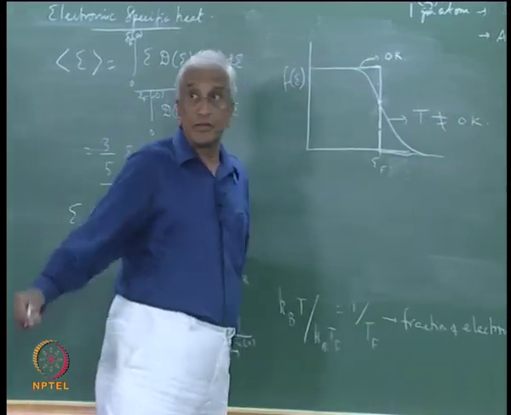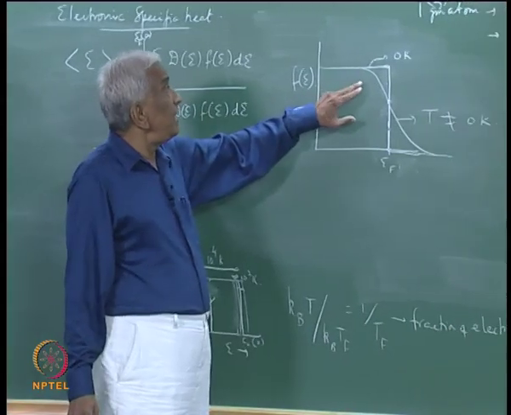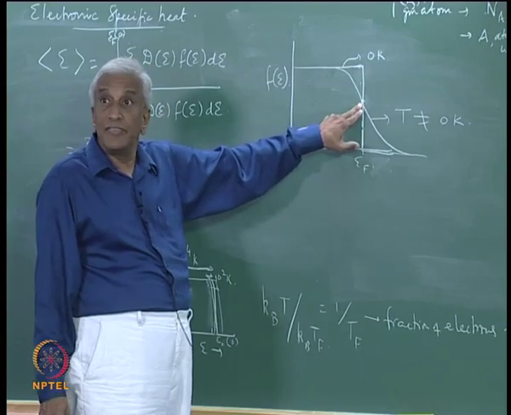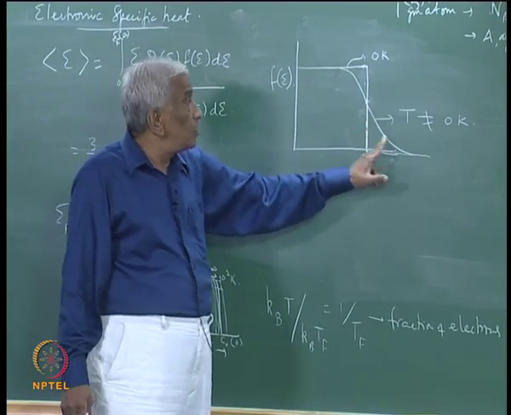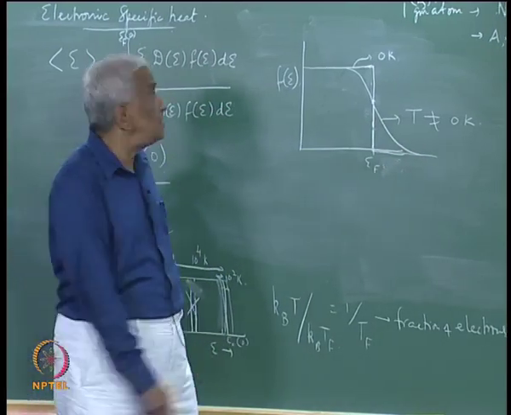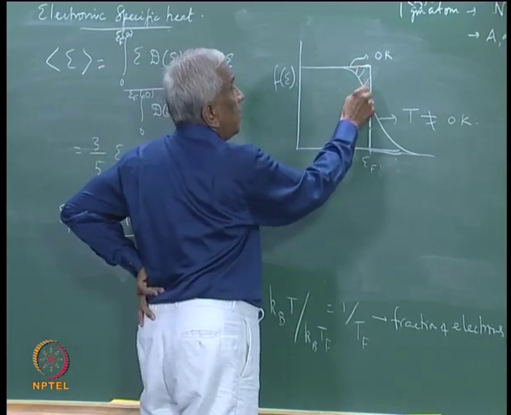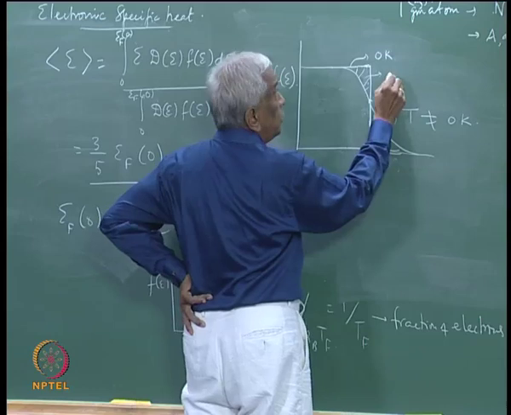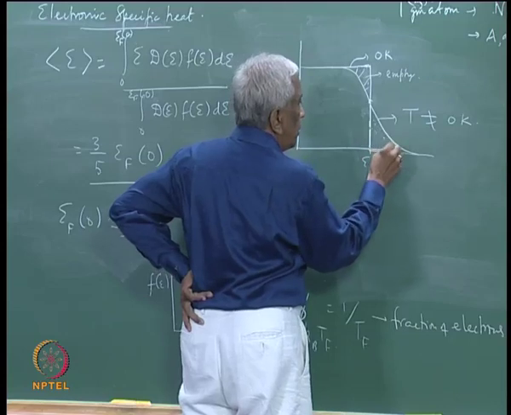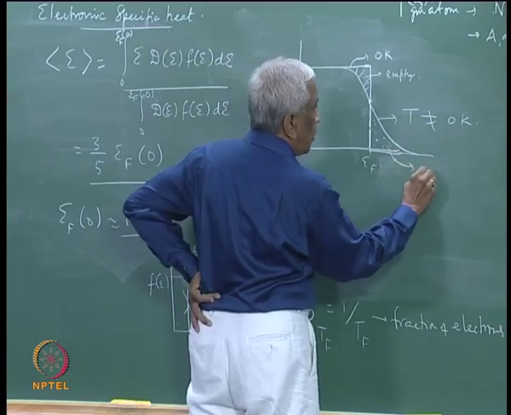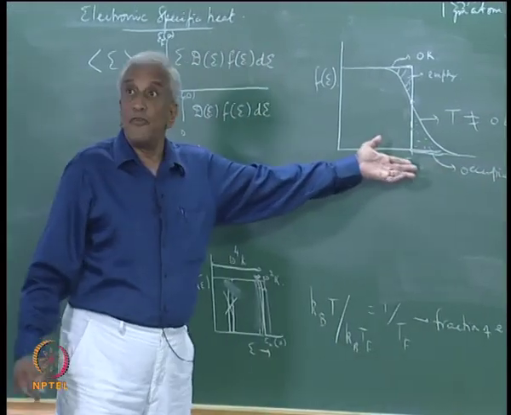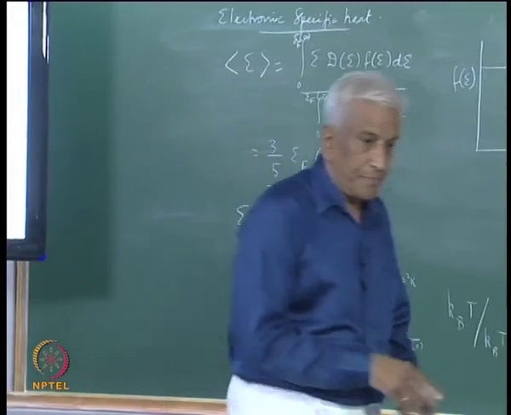That is the behavior at T not equal to 0 K. At any finite temperature, the FFE decreases from the value 1 to something like half at the Fermi energy, and then it goes on beyond, it is non-zero even beyond EF. This means that some of these states are empty even below the Fermi energy, and some of these states above the Fermi energy are occupied.